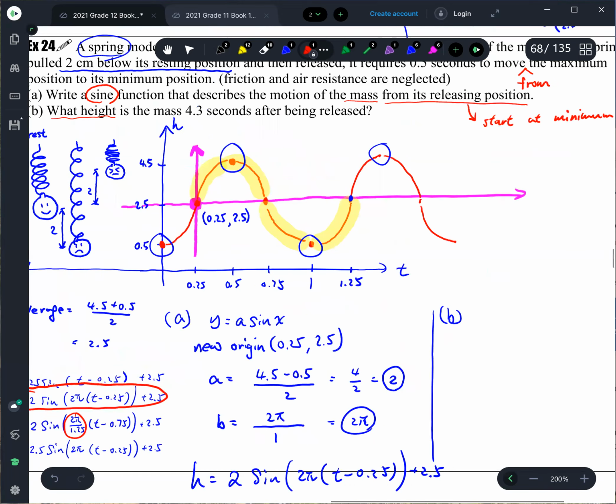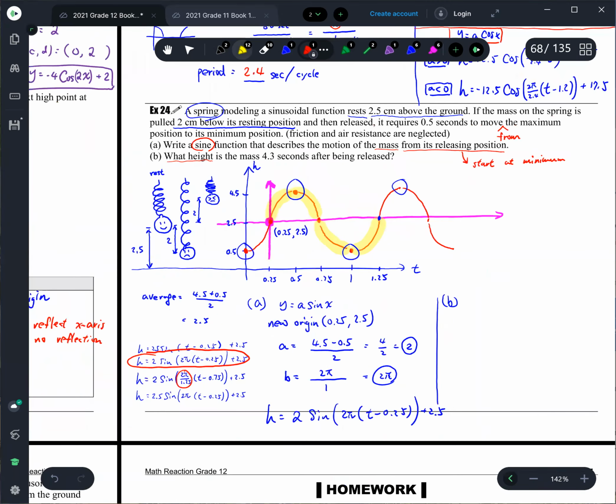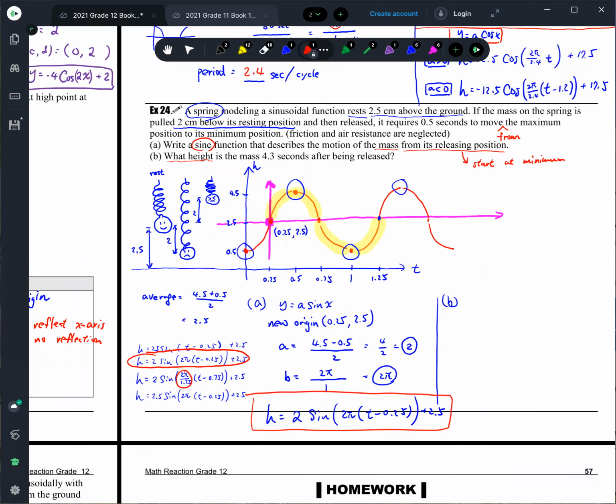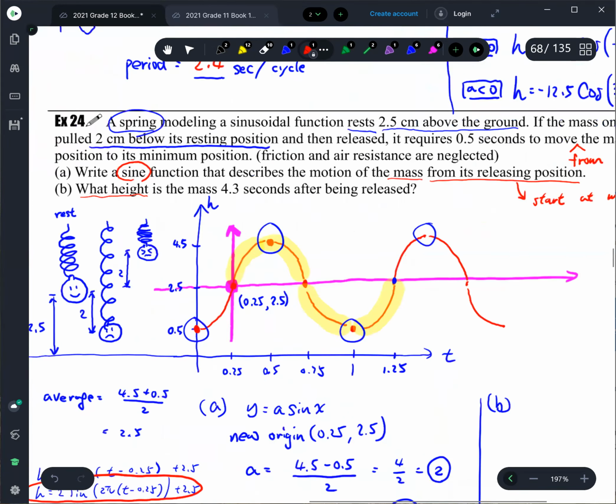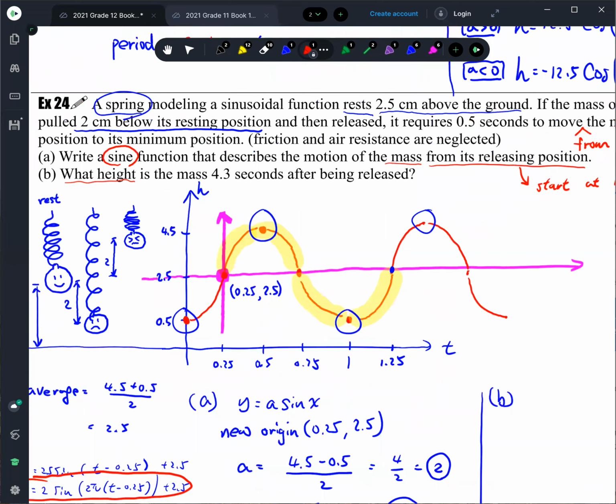So now we found the function for sine, for this part A. Then this will help us find the height at any time after you release. So we can make a prediction first. We're doing question B now.